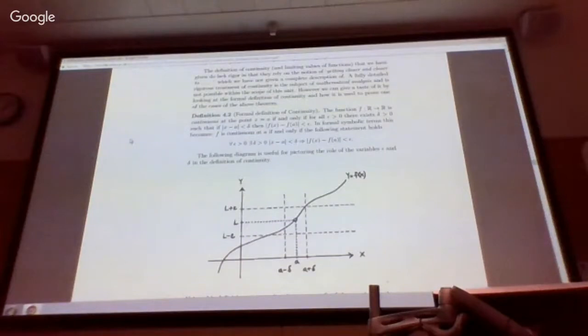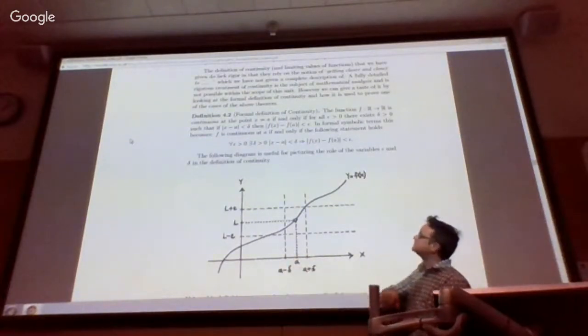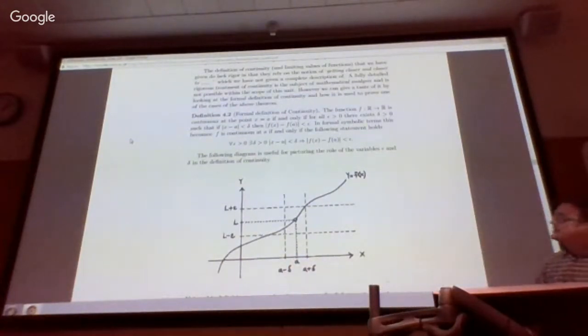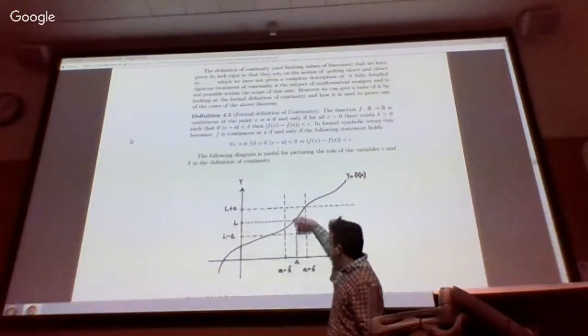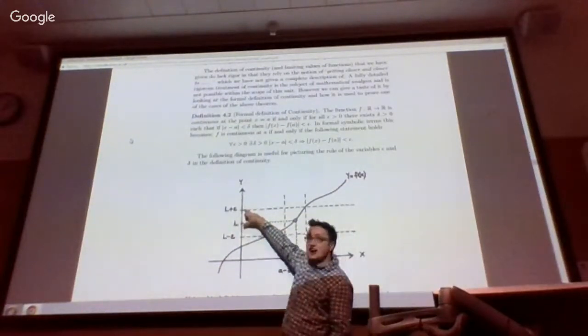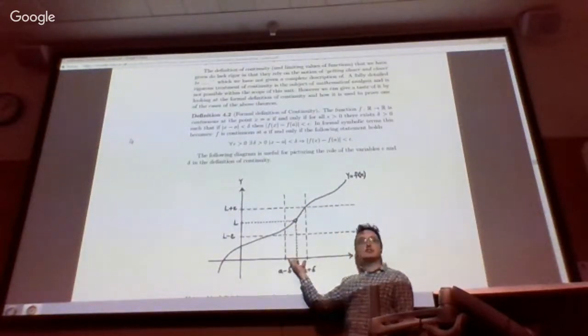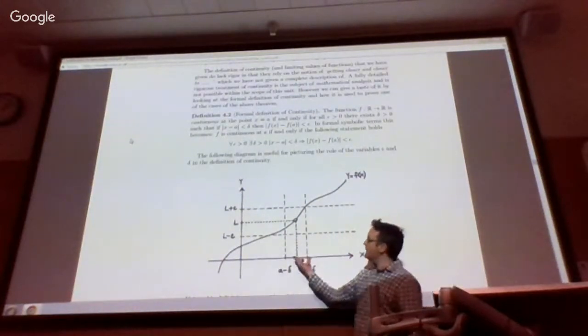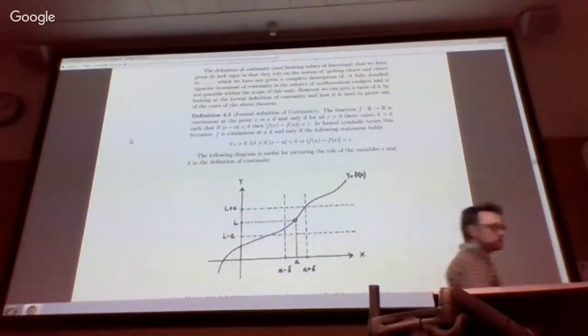So this function f is continuous at this point A in its domain if for any value of epsilon, which is an interval around the point L which is equal to f of A, for any size of interval around that point L, you can find a corresponding interval here such that f maps this interval completely inside the interval around L. That's what this is saying.